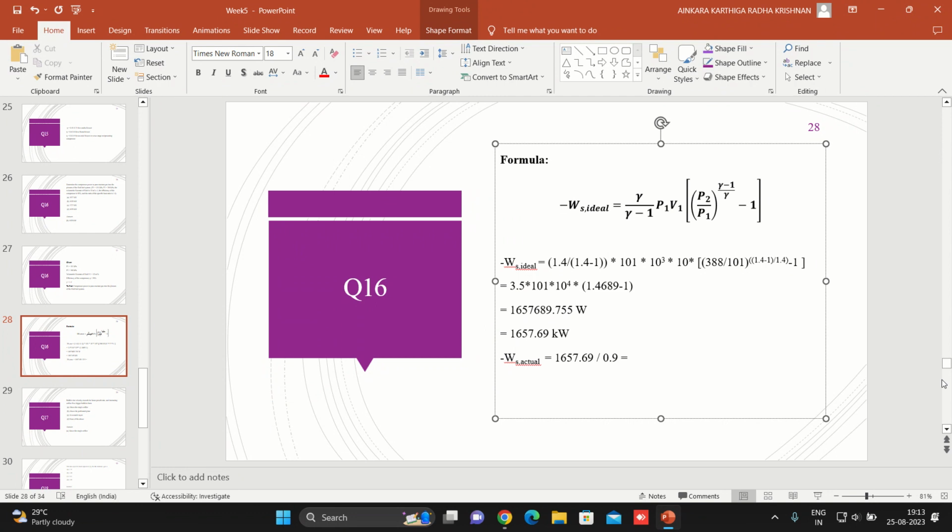What does this give us? 1841.8 kilowatt.